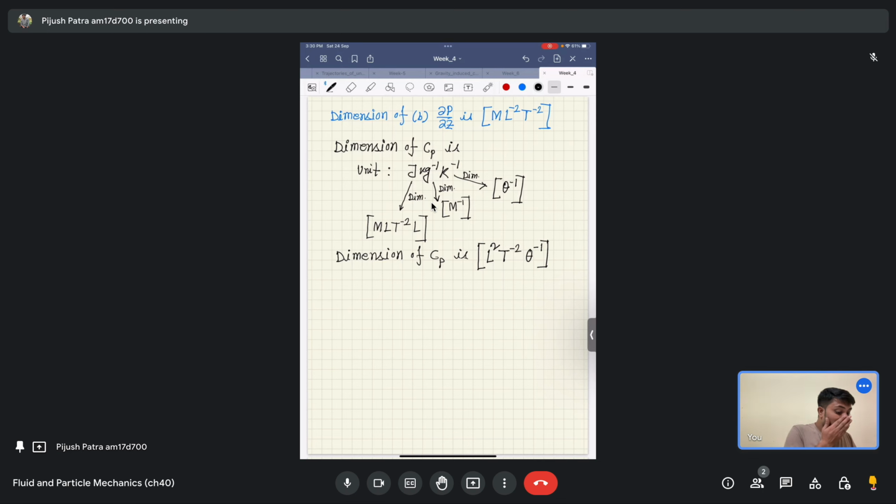Am I right? L square t to the power minus 2 theta to the power minus 1. Fine.